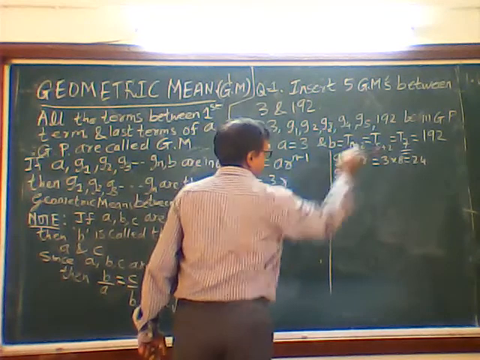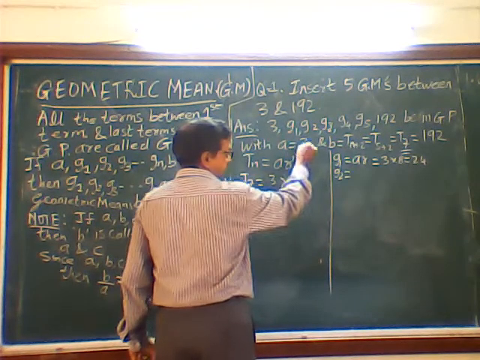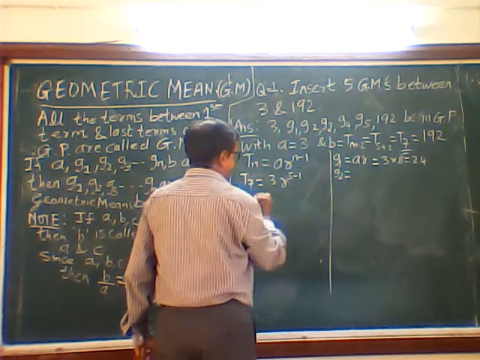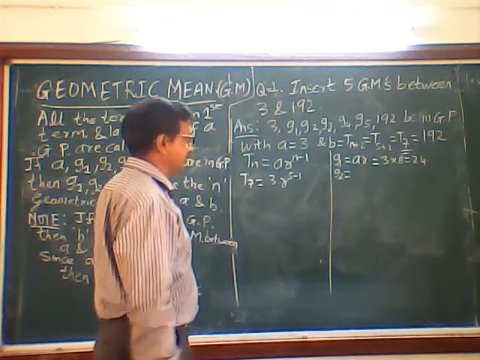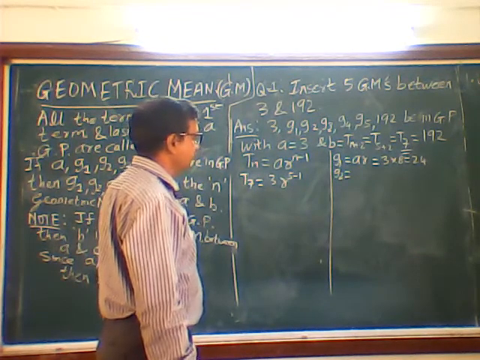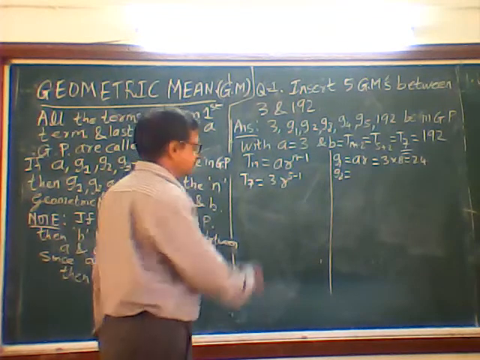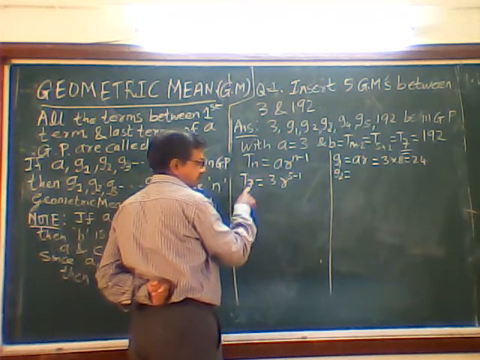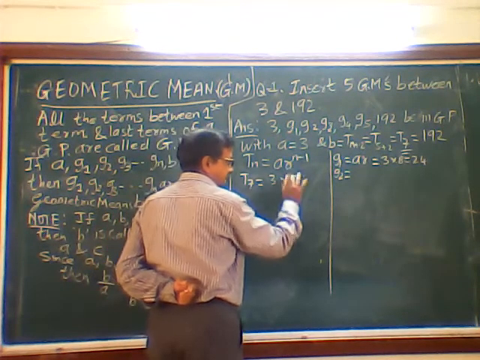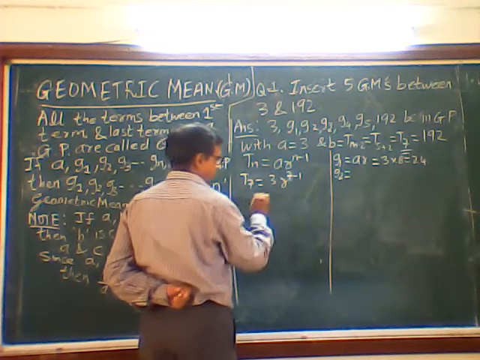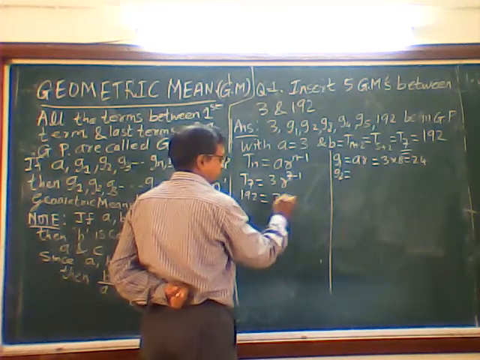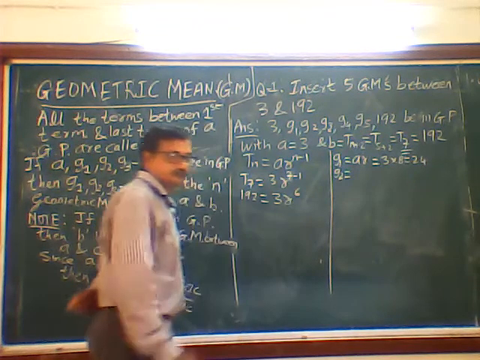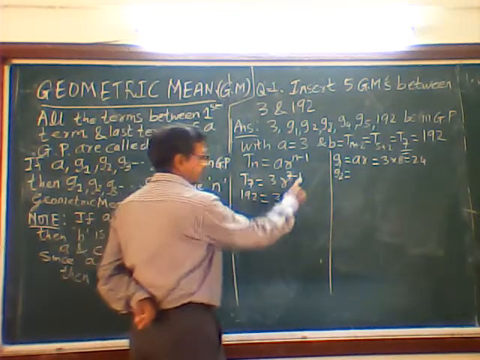N is 5. Somehow I took 3. Again, this mistake: it is not 5, it should be 7. Now T7 is 192, which equals 3 times R raised to 6, since 7 minus 1 is 6.